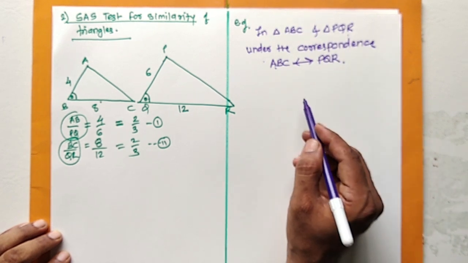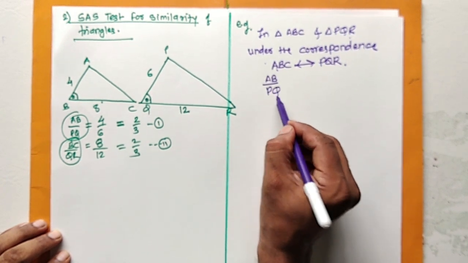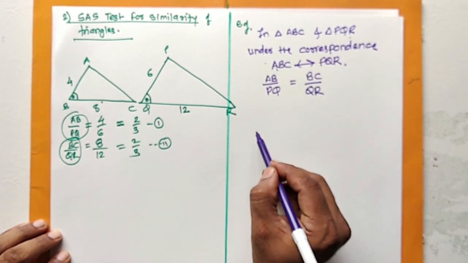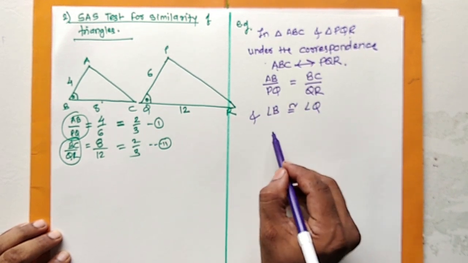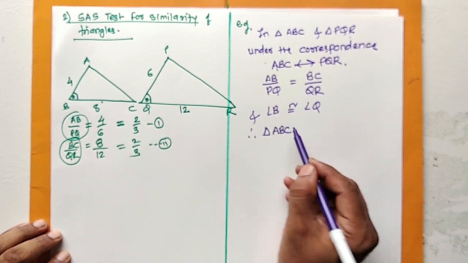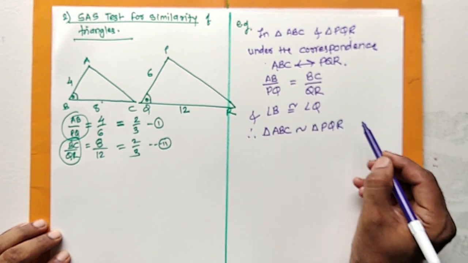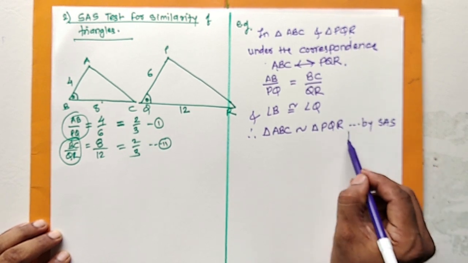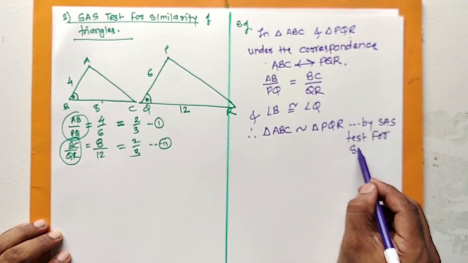Under the correspondence ABC to PQR, AB upon PQ is equal to BC upon QR and angle B is congruent to angle Q, and therefore triangle ABC is similar to triangle PQR by the SAS test, the side angle side test for similarity.